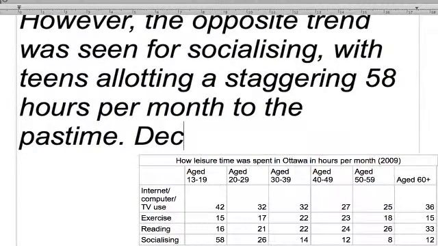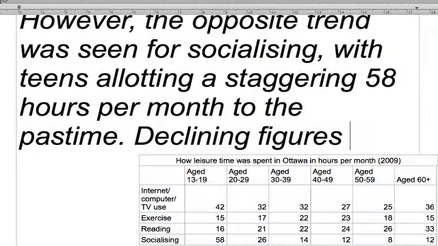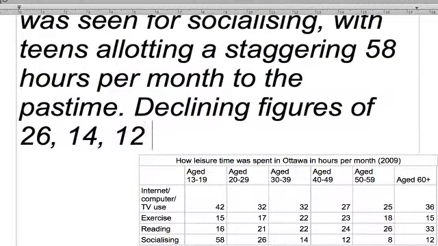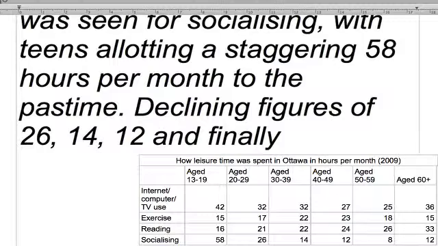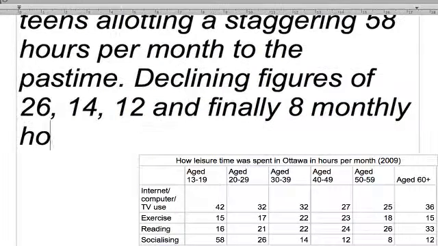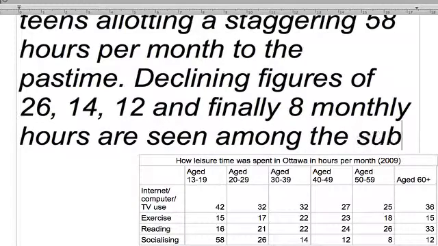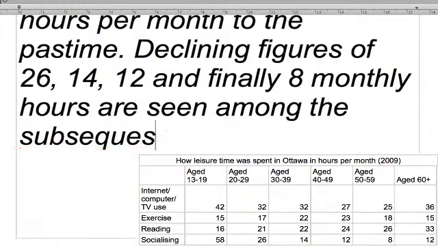Declining figures of 26, 14, 12, and finally 8 monthly hours were seen among the subsequent age groups.